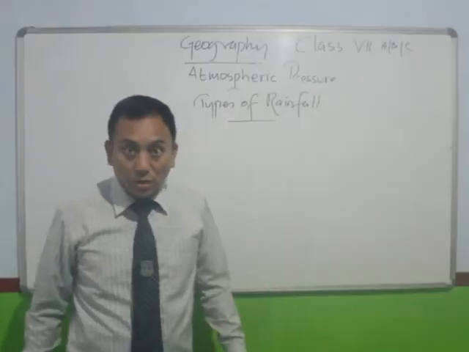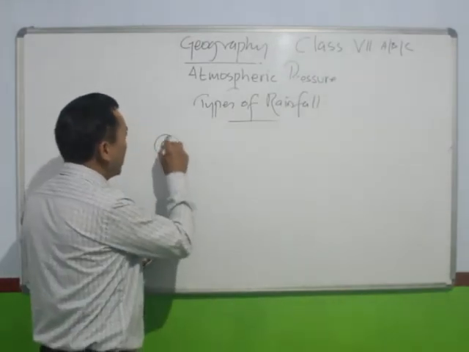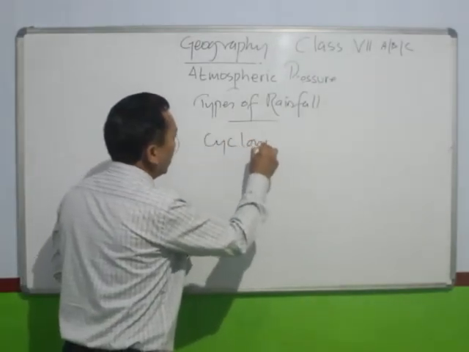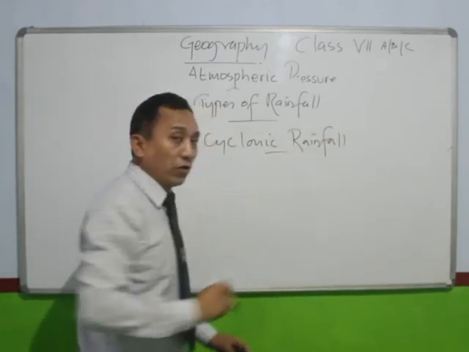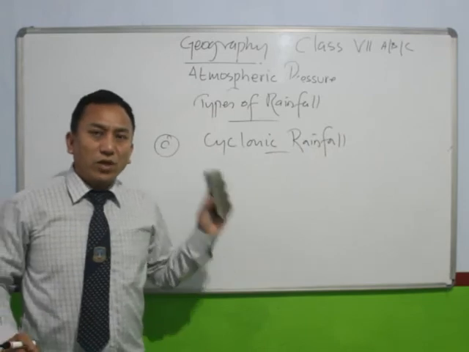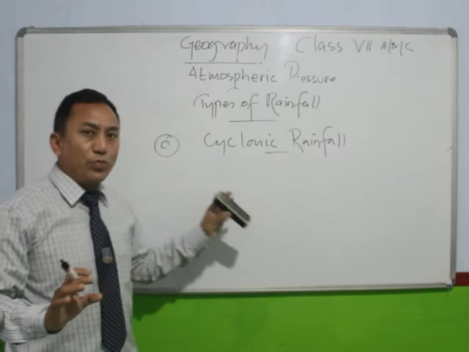So the third type of rainfall that we are going to do right now is the cyclonic rainfall. Cyclonic rainfall is basically when a low pressure center is formed.